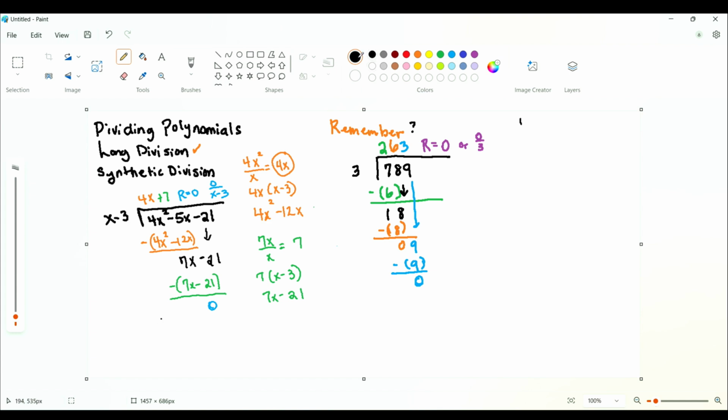So here's some pretty basic steps. I'm going to write them at the bottom, so stick with me. You want to identify your dividend and your divisor.